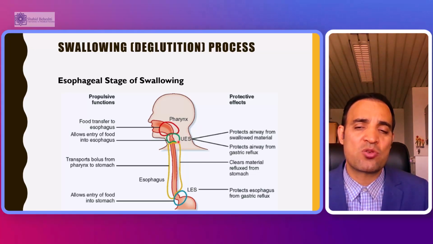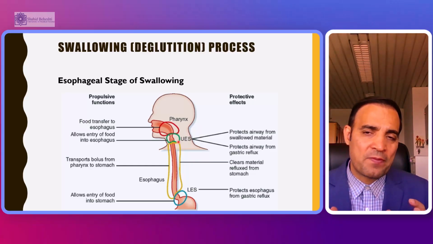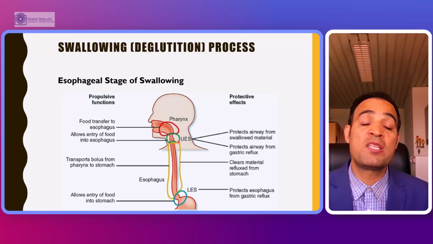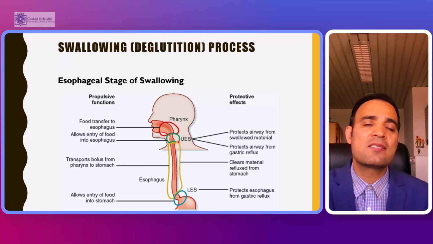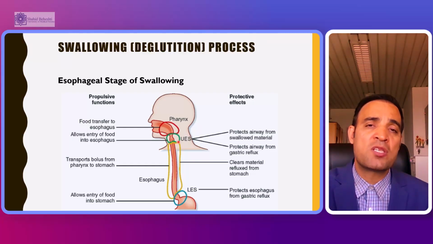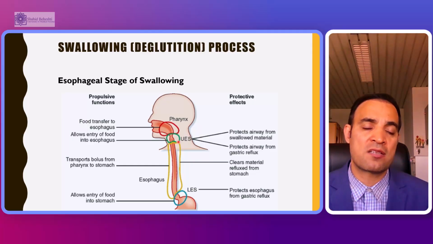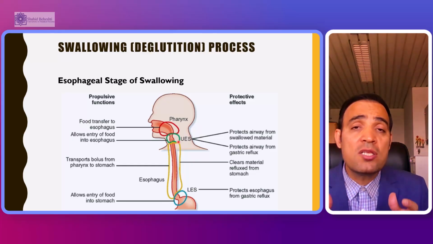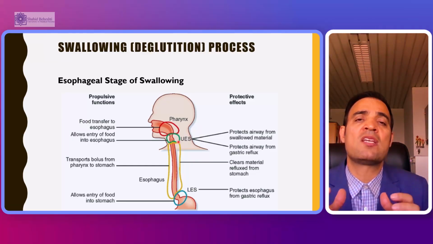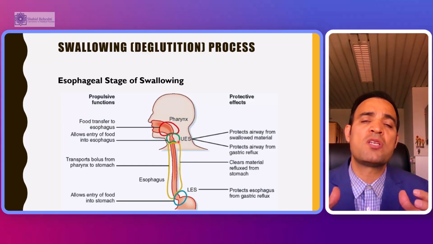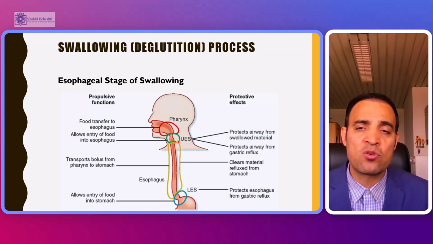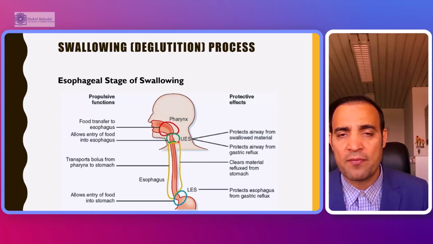Therefore, it may be dangerous for us. This is important: between the meals, these sphincters should be closed and prevent the return of gastric content into the esophagus and into the mouth. But during swallowing, they should be open and relaxed to allow the food to enter this area.